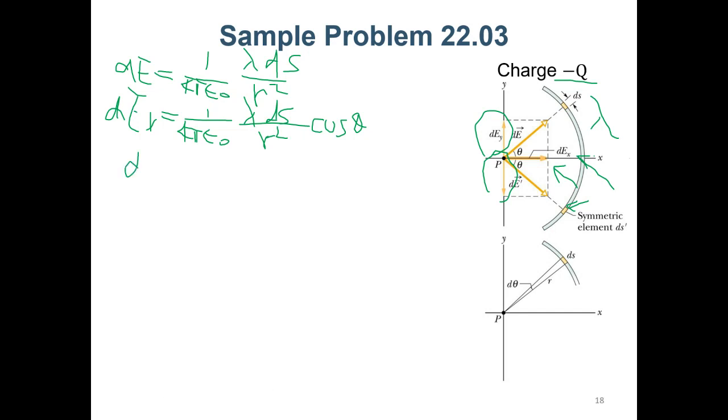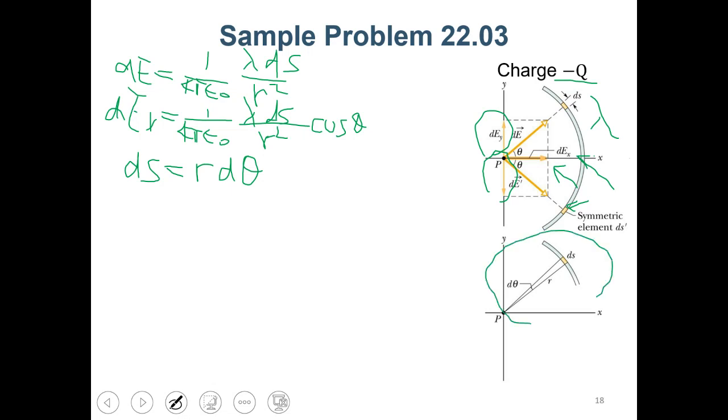Actually, ds would be the radius times the infinitesimal angle in radians, shown here. ds is r times d theta.